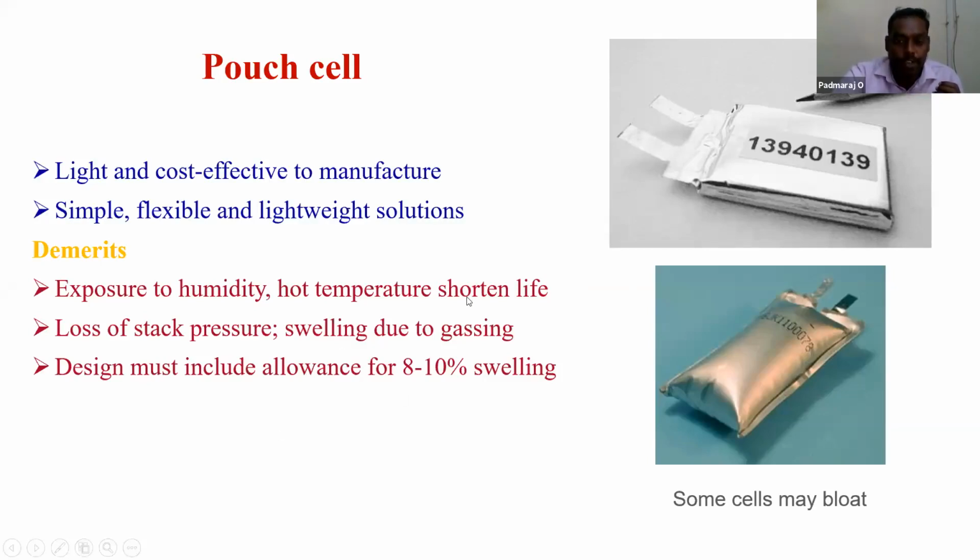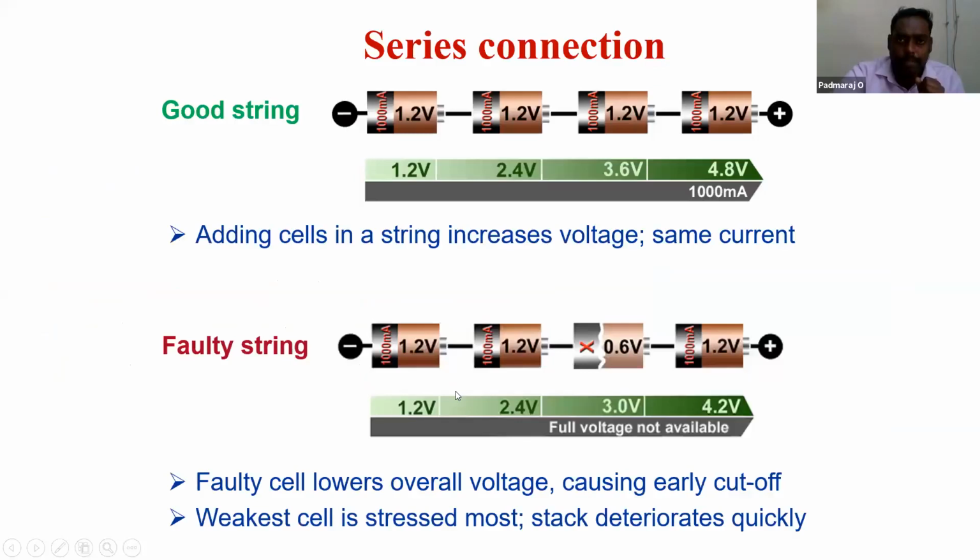Then hot temperature and shorter life: due to the internal temperature, the electrolyte gets vaporized, so the size of the battery swells. There is loss of stack pressure and swelling due to gassing, so the design must include an allowance for 8 to 10% swelling. These are all the demerits of the pouch cell.